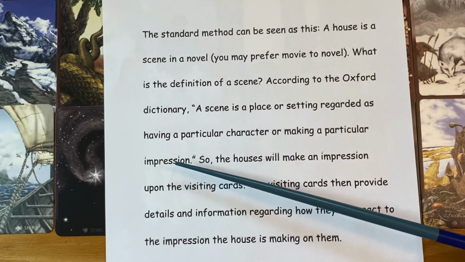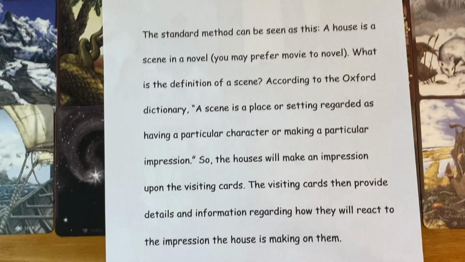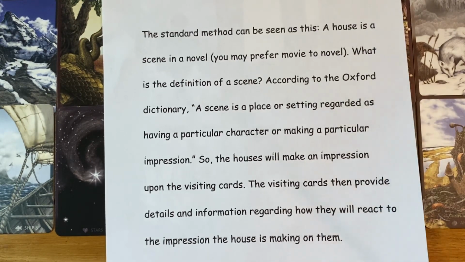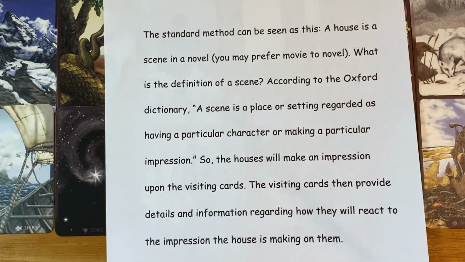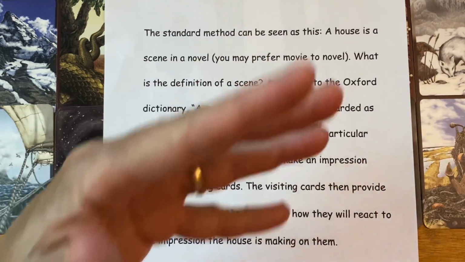All right? So the visiting cards then provide details and information regarding how they will react to the impression the house is making on them. Therefore, I get tangible details from the visiting cards as well as results or effects. Now, keep in mind that I am well aware of the fact that some people read it the other way. Some people view houses and the visiting cards in the opposite way that I do.